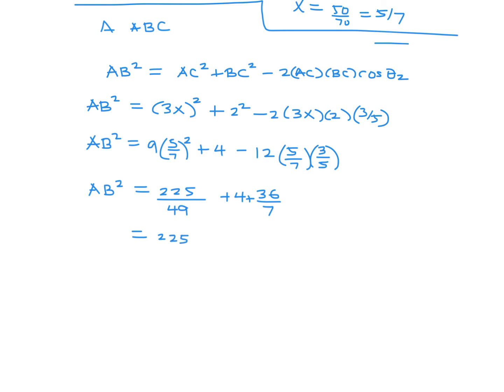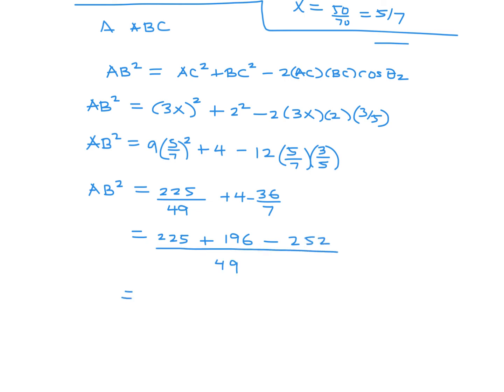Let's get a common denominator: 49, 196, and then we have to multiply by 7 this time, so 252. Oh, wait, hold on, that's a negative. Gotta make sure I don't make any of these mistakes here. Yes, this is a negative, sorry about that, and good thing I caught it. So that's minus 252, all over 49.